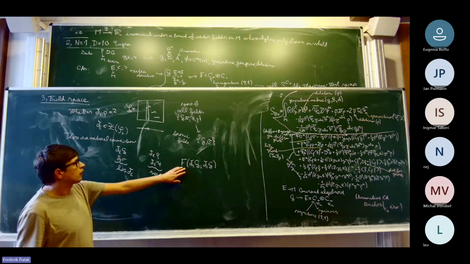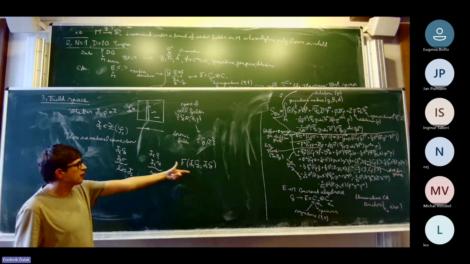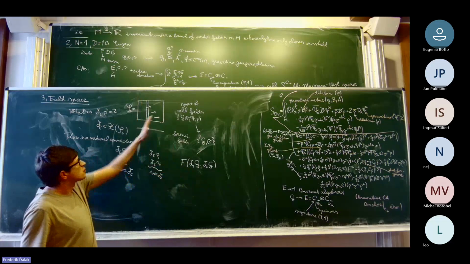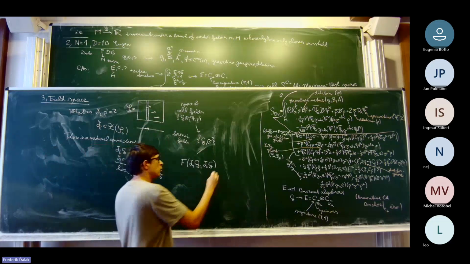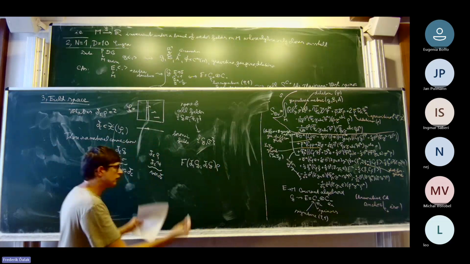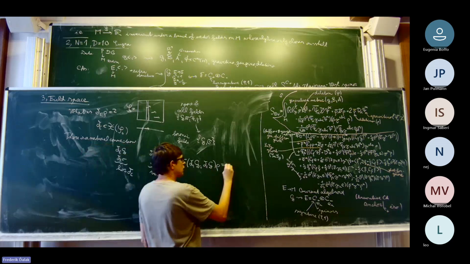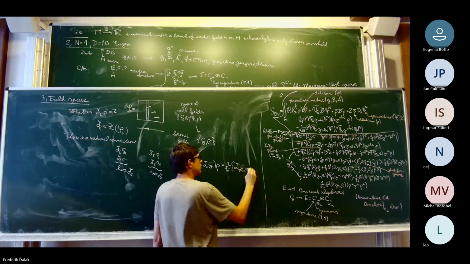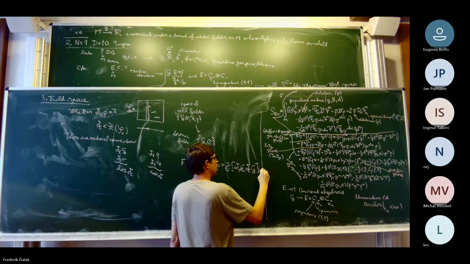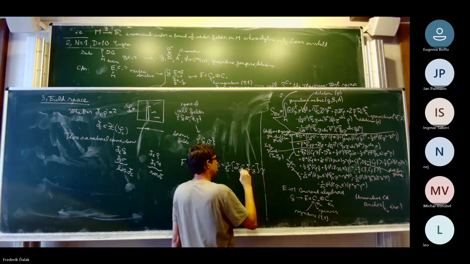A curvature is something that, if you give me two vectors, produces an endomorphism of the fiber. The fiber is where these guys live. So let's see what I get if I act on something. I find that this is 1/16 of the commutator of these two guys acting on it.